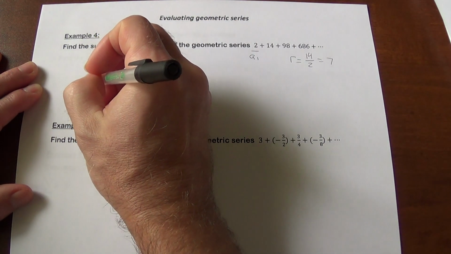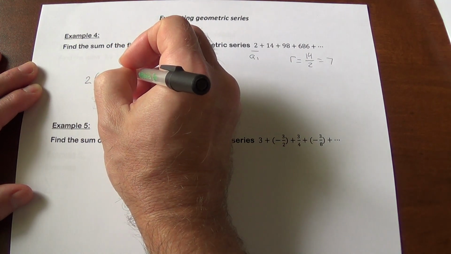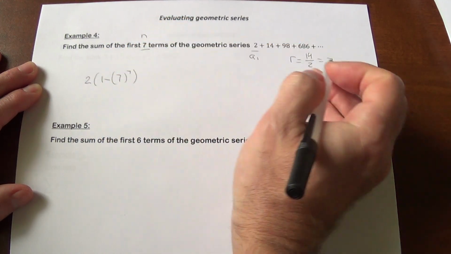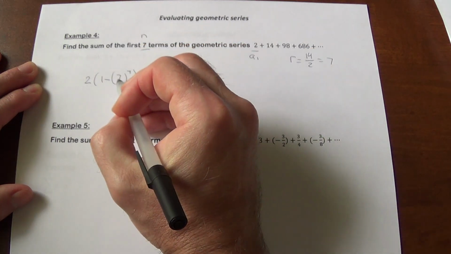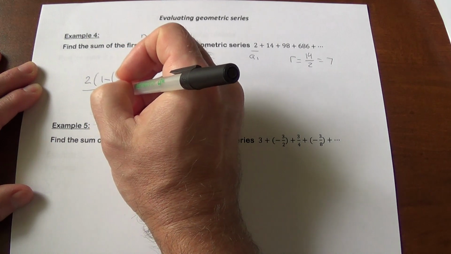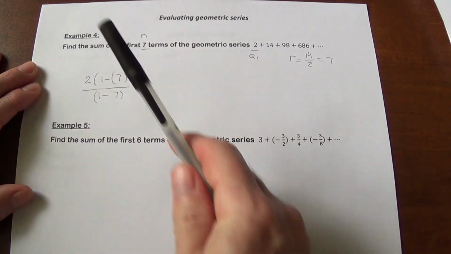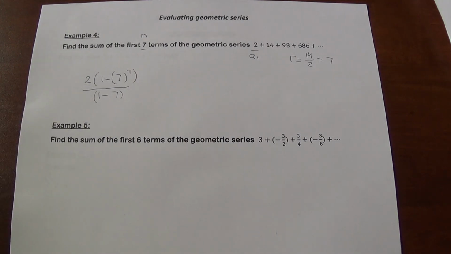The first term, 1 minus the common ratio to the 7th power. They just happen to be the same. So this is the common ratio. This is the number of terms, divided by 1 minus 7. We don't want to do this by hand. This number may be quite large. So we're going to do the same thing.